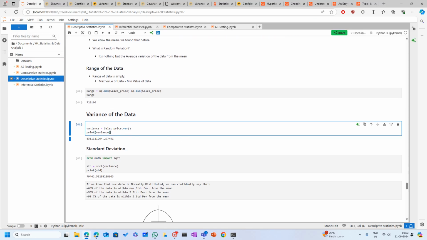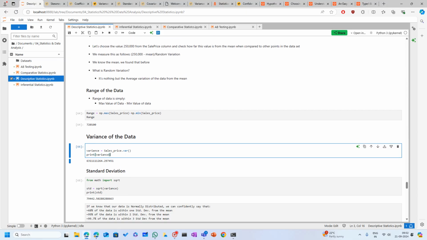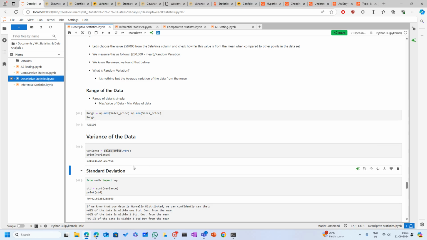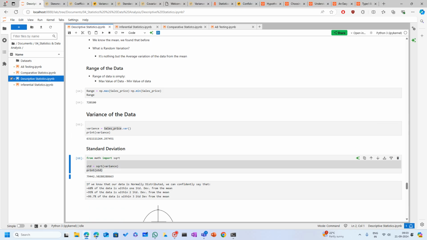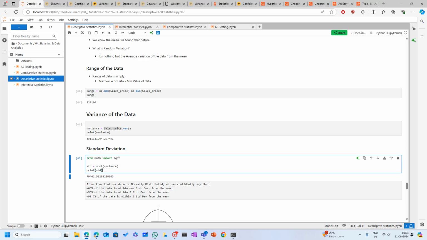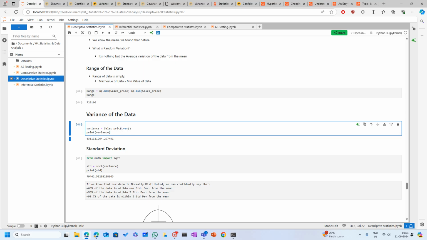For variance, we don't have to worry about the formula. We can simply use the variance function, and you can see the variance for the sales price is so much. If you take the square root of it, the standard deviation is 79.442.